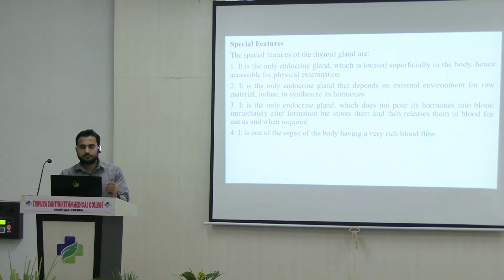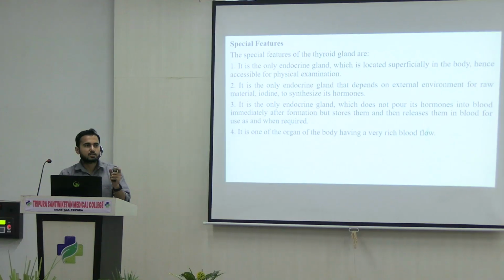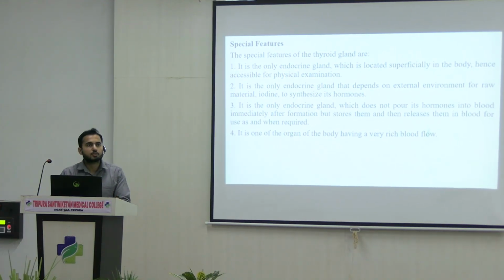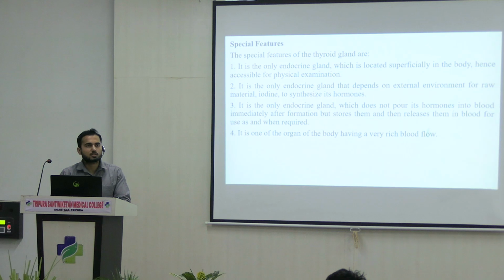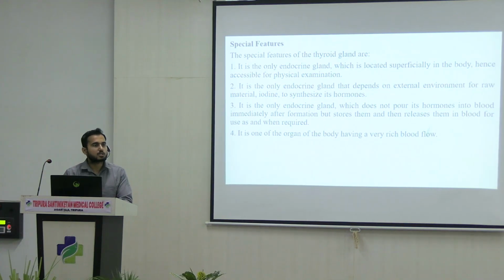Next, the thyroid gland depends on an external source for production of the hormone. Which is the external source? Iodine. Iodine is not produced in our body. We depend on whatever we eat and consume, and from there we get the iodine. So the thyroid gland depends on that in order to produce the hormone.